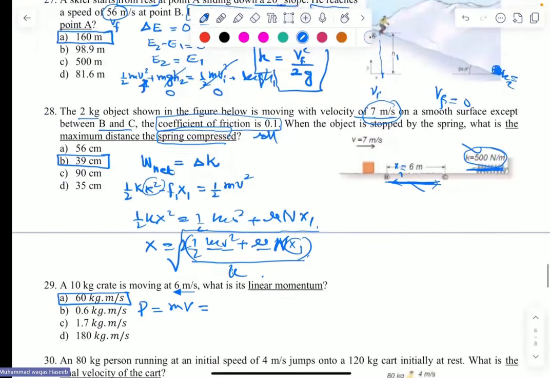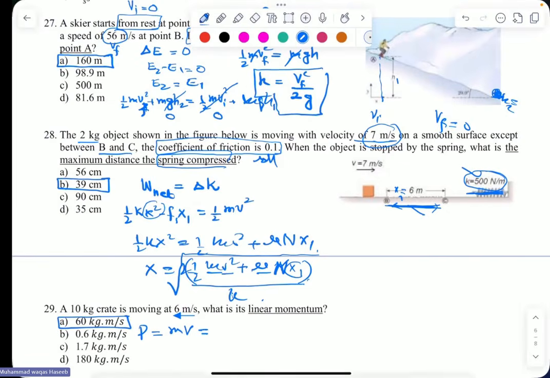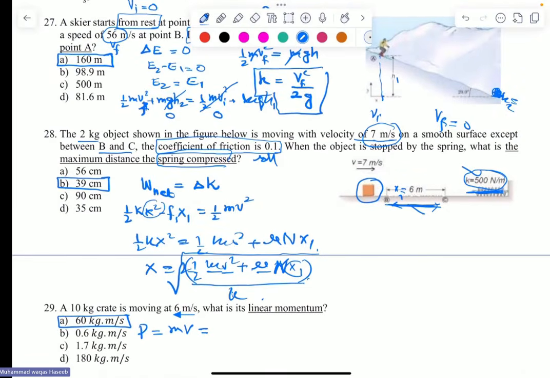Okay. Question number 28 is like this. An object is moving with initial velocity, and then it moves onto a rough surface, and then it hits a spring, and the spring is compressed. We want to know at what distance this spring is compressed. Because the object is moving, it has kinetic energy, and it moves on a rough surface and then connects to a spring, so we need to apply the work-energy theorem.